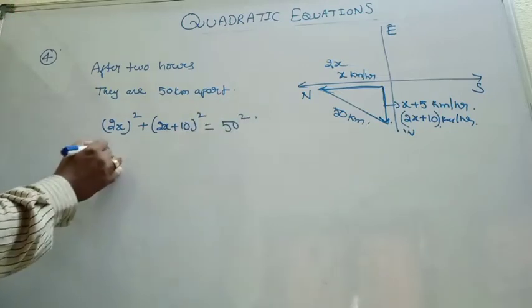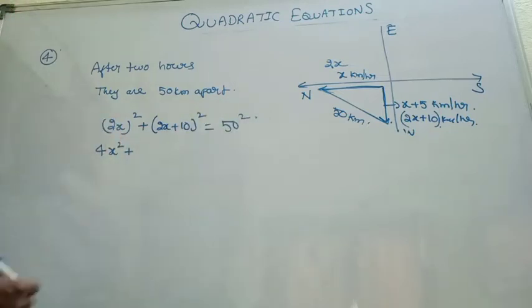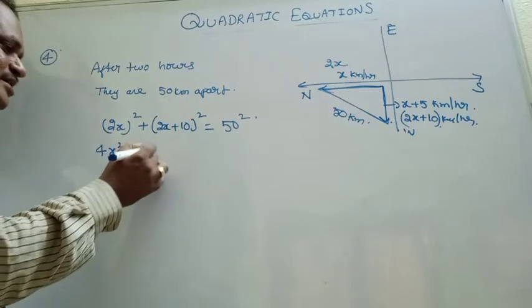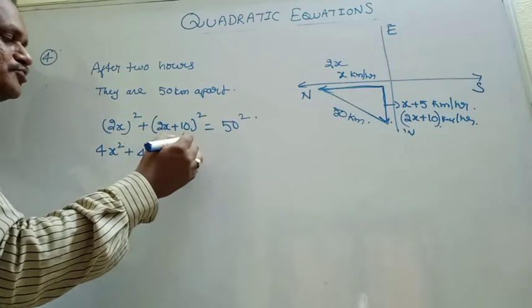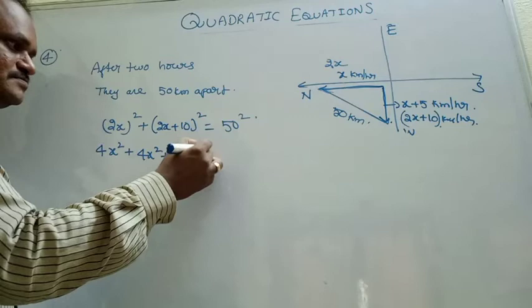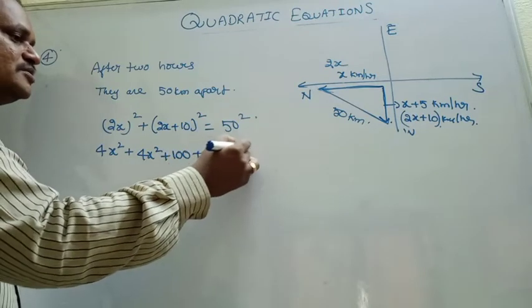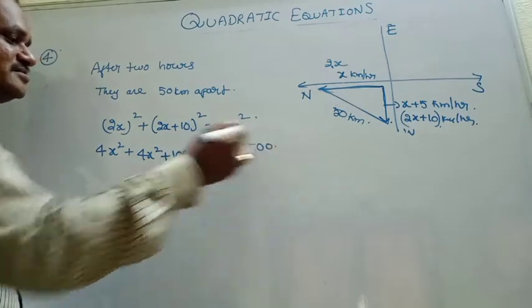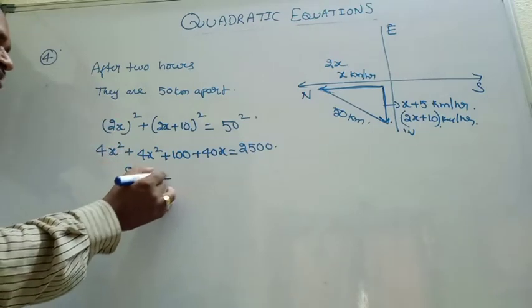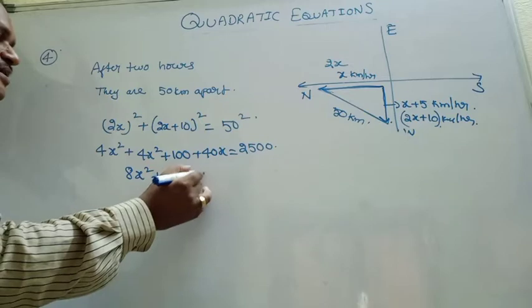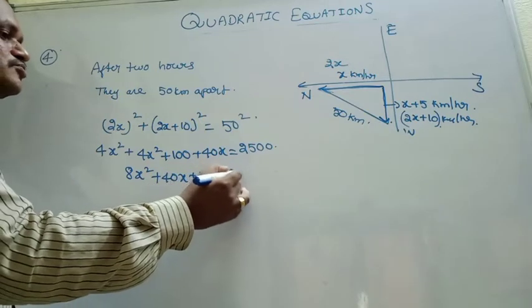This is now 4x square plus, let us try to simplify this. This is 4x square here plus 100 plus 2ab, 2 into 2 is 4, 4 into 10 is 40x, equal to 2500. Now we have 8x square plus 40x plus 100 is equal to 2500.